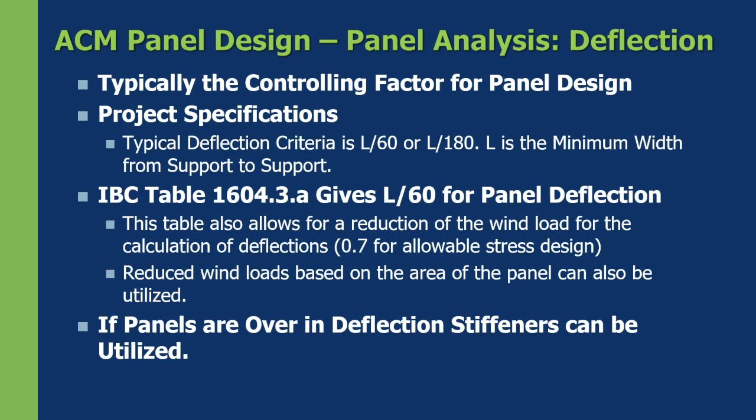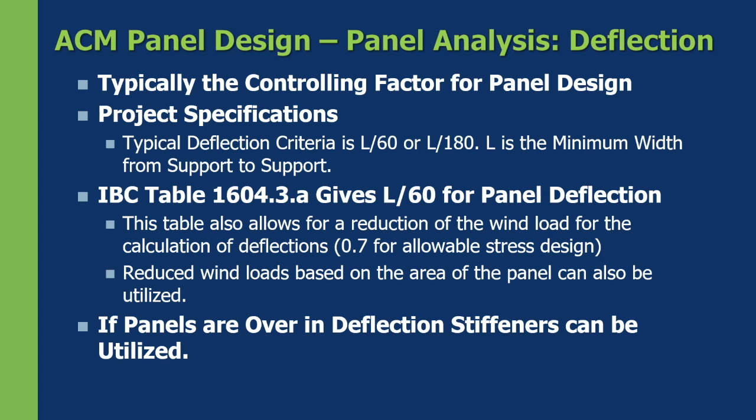So when we look at the panel analysis, we're going to be looking at the stress and deflection of a panel. From experience, I know on a majority of projects, it's going to be the deflection of the panel that's going to control. Not always, but a majority of the time it will be. The deflection criteria for a panel project is going to be found in the project specifications. Architects typically supply an L/60 or L/180 criteria.